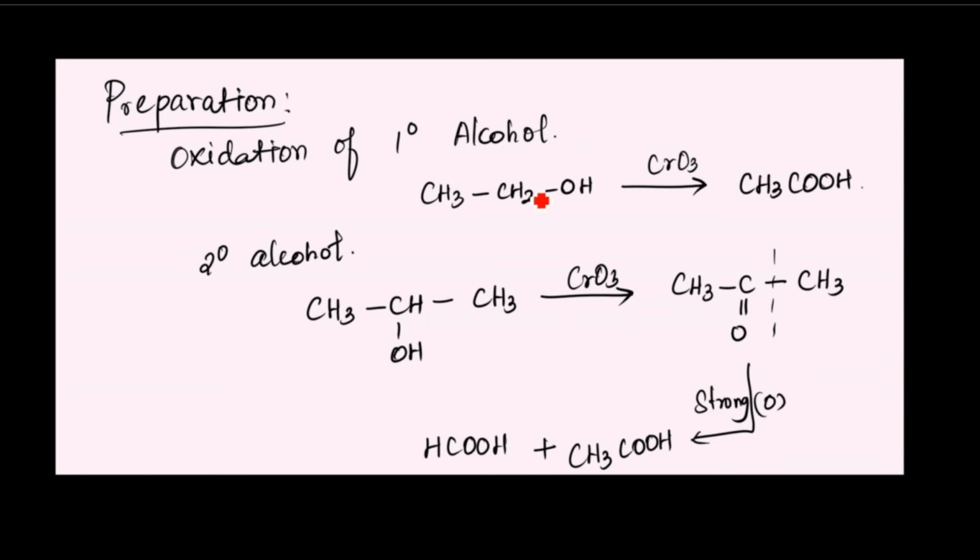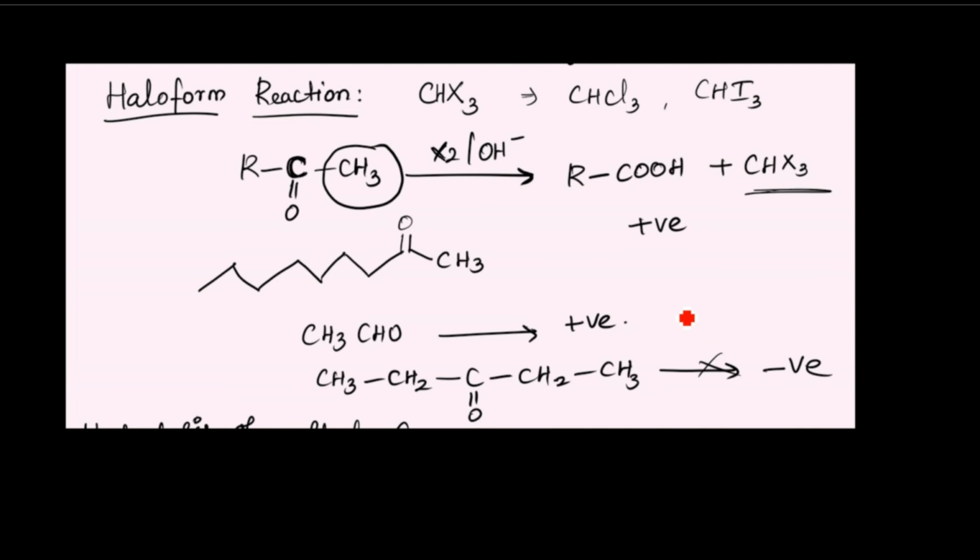So you can see the usual preparation. This we know from secondary alcohol also. Then haloform reaction, we already talked about this. And what are the compounds that will give positive to the haloform reaction with carbonyl compound? This should have a CH3 group directly attached with the functional group. So as you can see, this will give you positive, this will give you positive, and this will not give you positive to the haloform reaction.